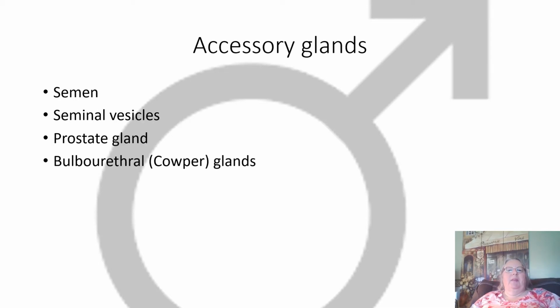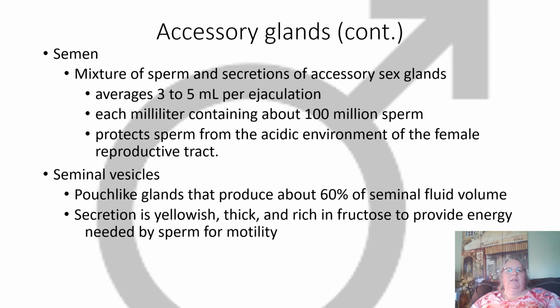We're going to talk about the accessory organs, and these are classified as the semen, the seminal vesicles, the prostate gland, and the Cowper gland. We will be discussing these further over the next couple of slides. Continuing with accessory glands, we're going to start with semen, and this is not the ones out in the ocean that run boats.